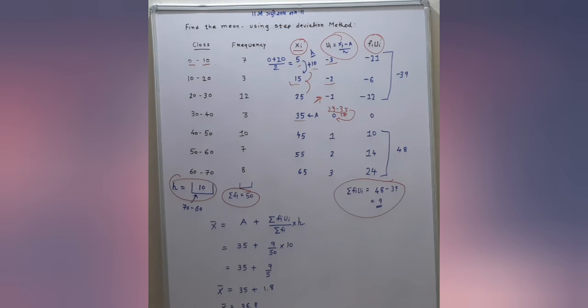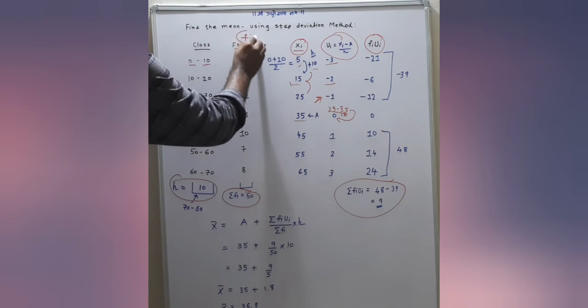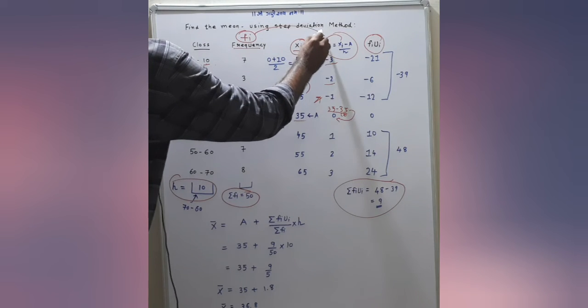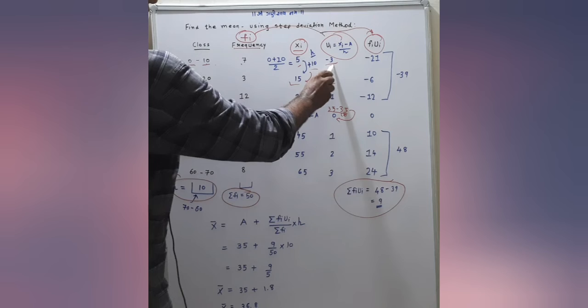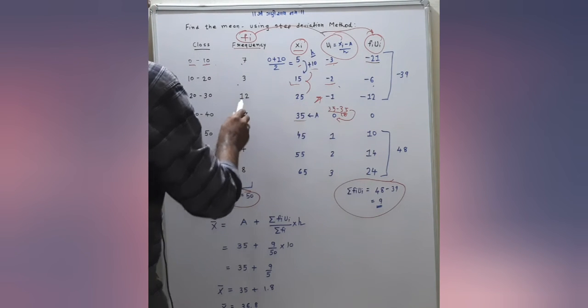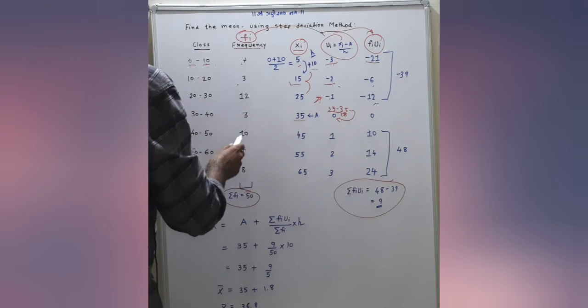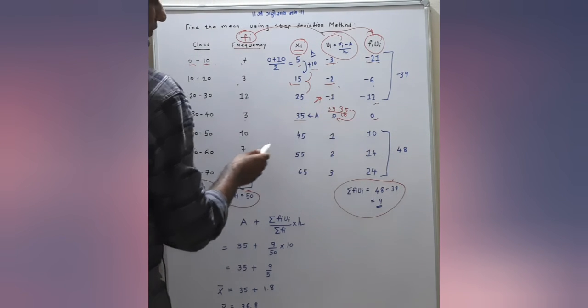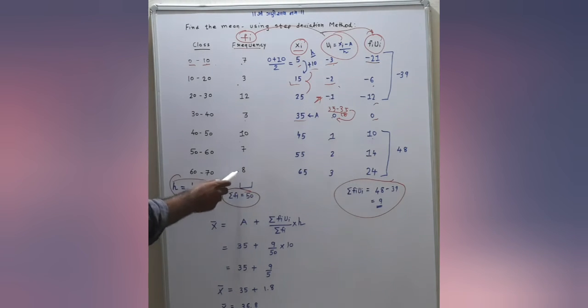Now you need to find fi ui. So fi, that is my frequency, fi with ui, and I got fi ui. So 7 into minus 3, minus 21, 3 into minus 2, minus 6, 12 into minus 1, minus 12, and 3 into 0, 0, 10 into 1, 10, 7 into 2, 14, 8 into 3, 24.